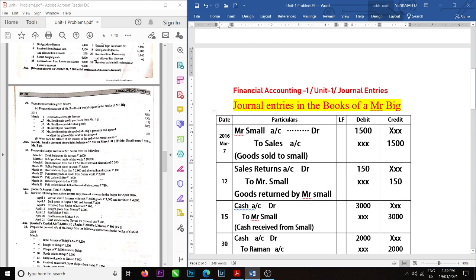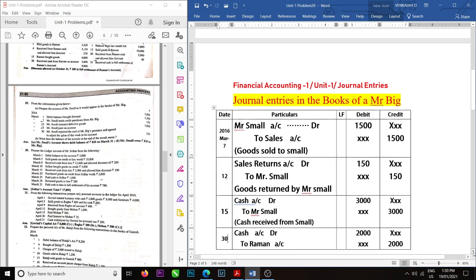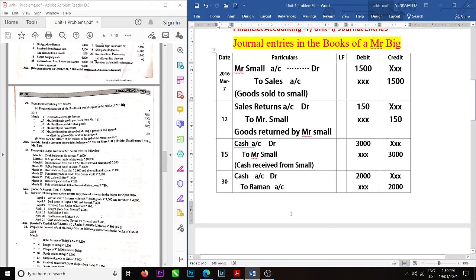Amount is 530. So repairs account debit to Mr. Small.